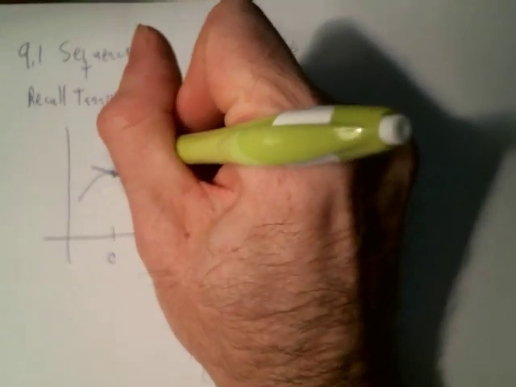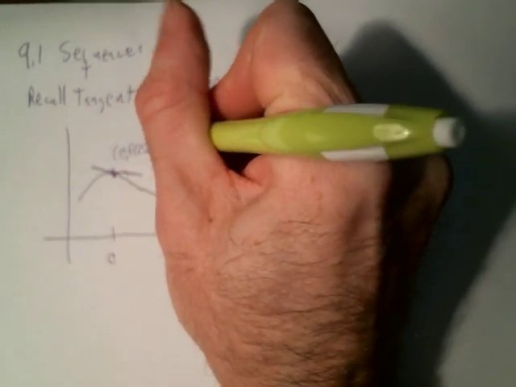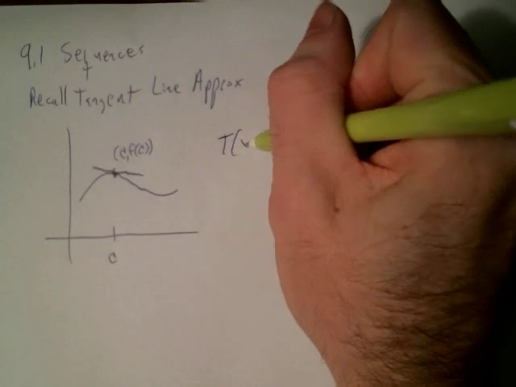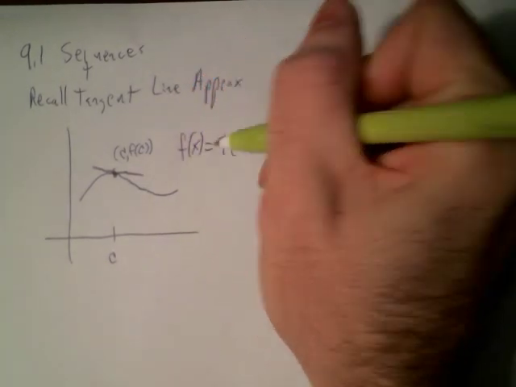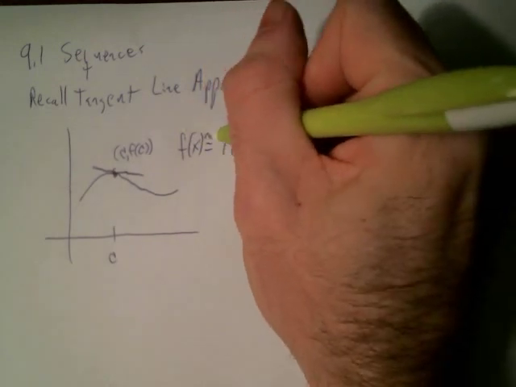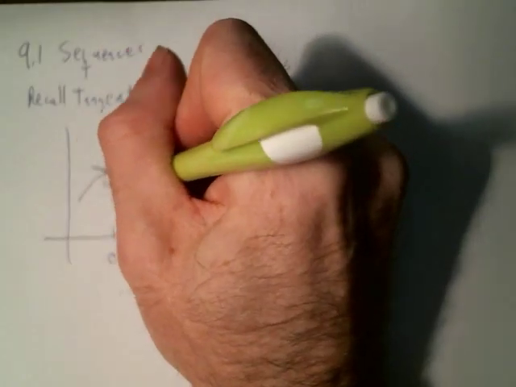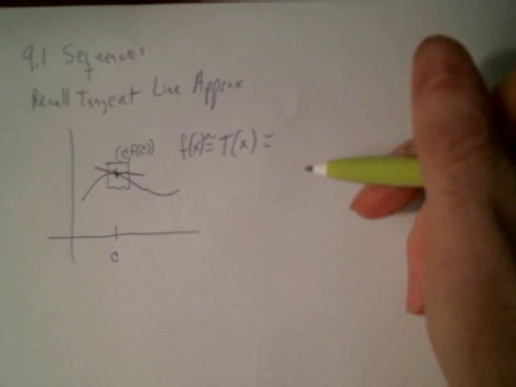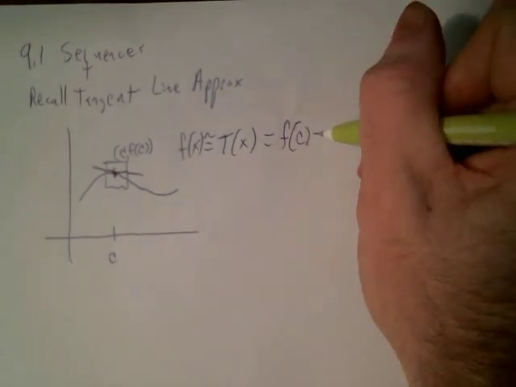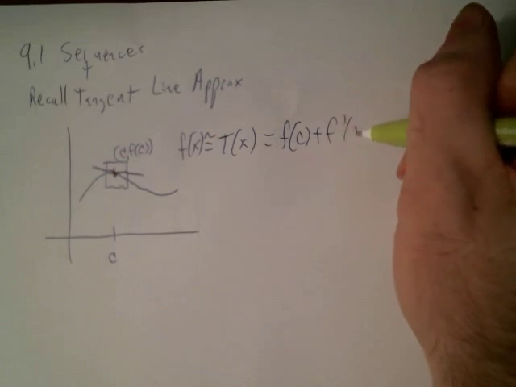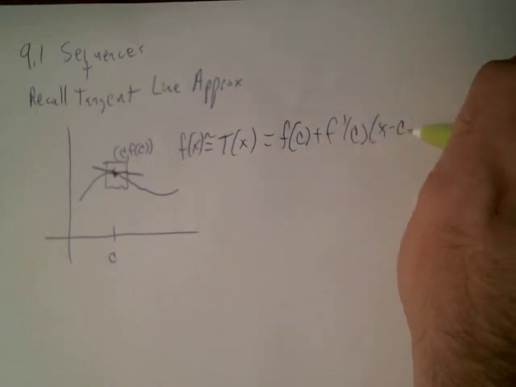Given this point is c comma f of c, we can approximate the function f of x in a particular interval around c with the tangent line, where the tangent line will be defined as f of c plus f prime of c times x minus c.